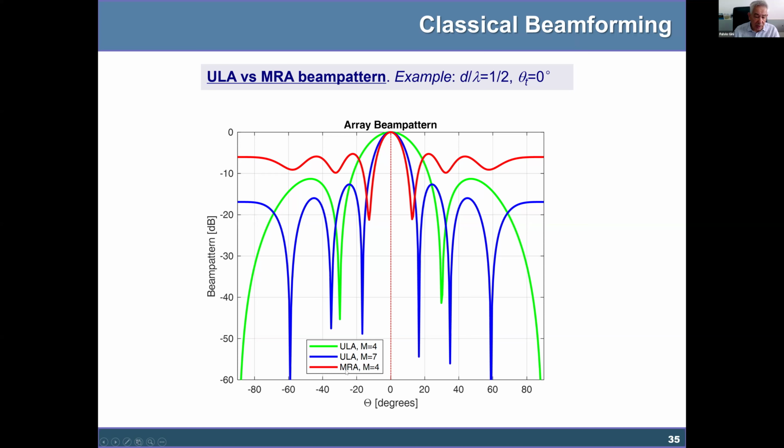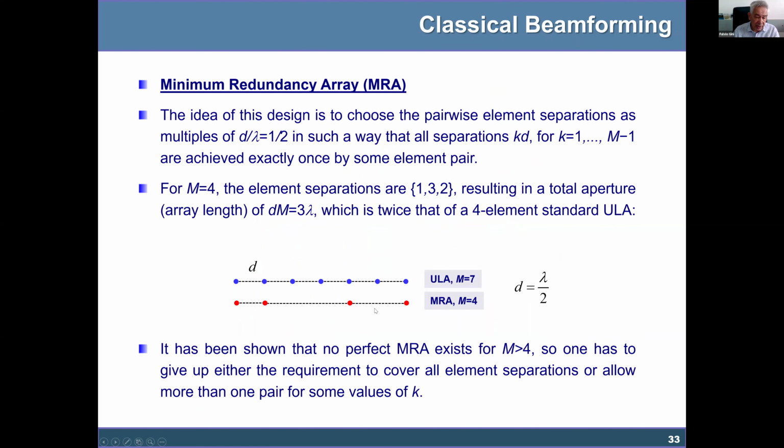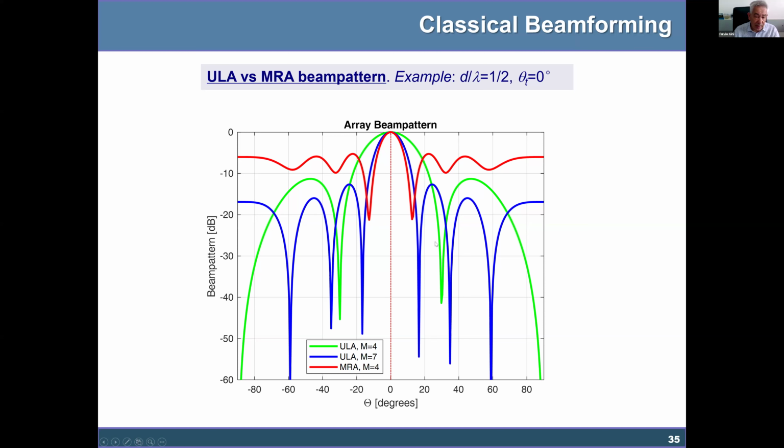Then you have the minimum redundancy array with the same aperture, and you can see that the resolution is more or less the same, actually slightly better. But the price to be paid is the side lobes. When you remove these 3 elements, the aperture is the same, so the resolution is the same, but the problem is that the side lobes get higher.